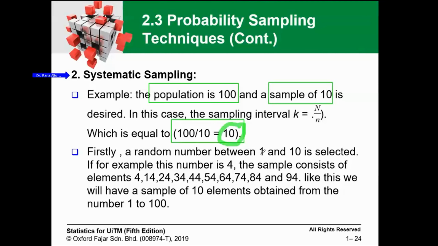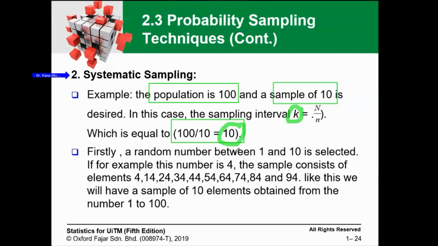It means the list of the population, the list of respondents, the list of people in the population is available. So the sample is selected from the population in such a way that each item has the same chance to be selected as a respondent.